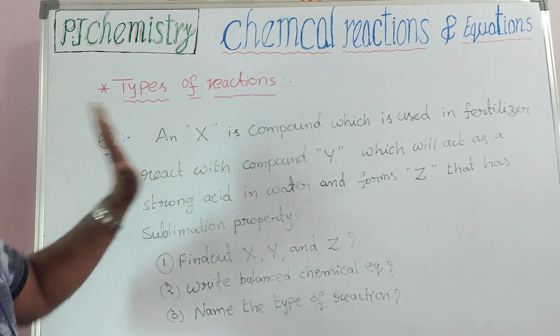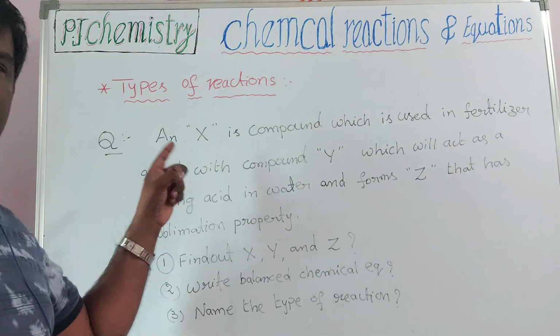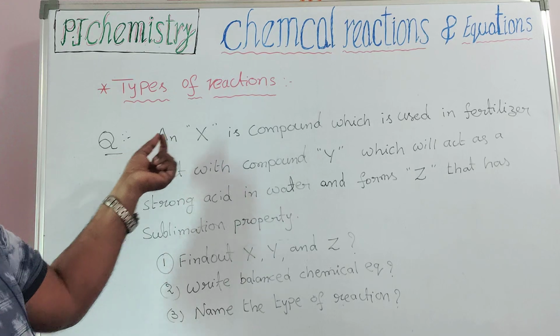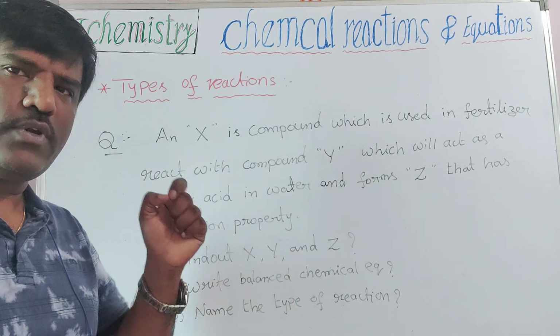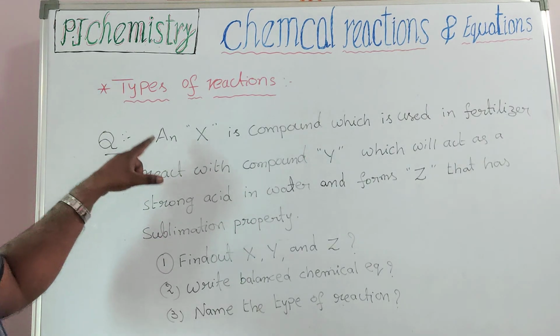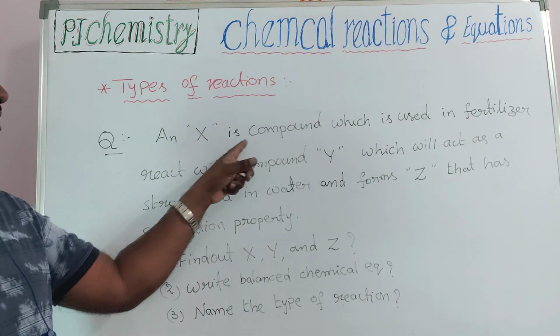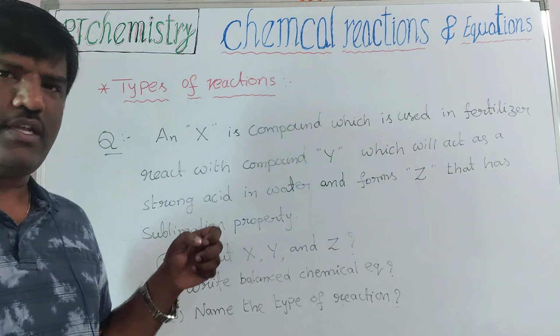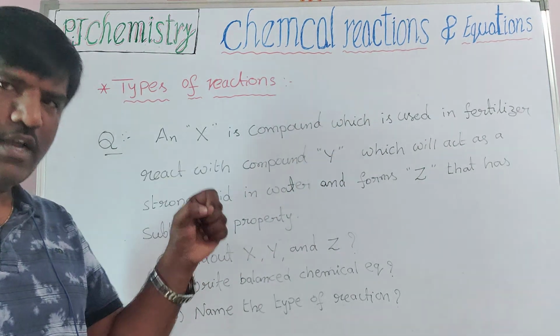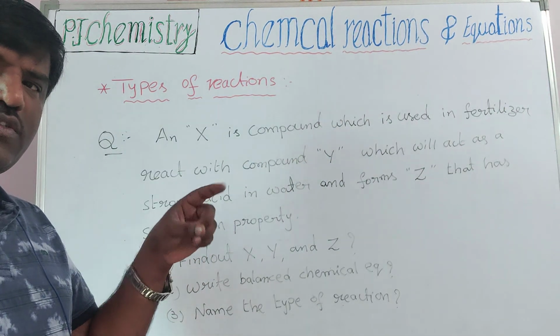See here how they designed a question from one example. NX is a compound. This is like a 5 marks question. X is a compound which is used in fertilizers.